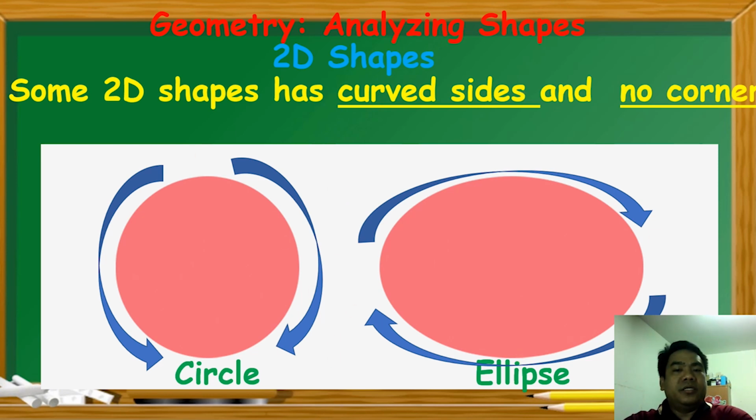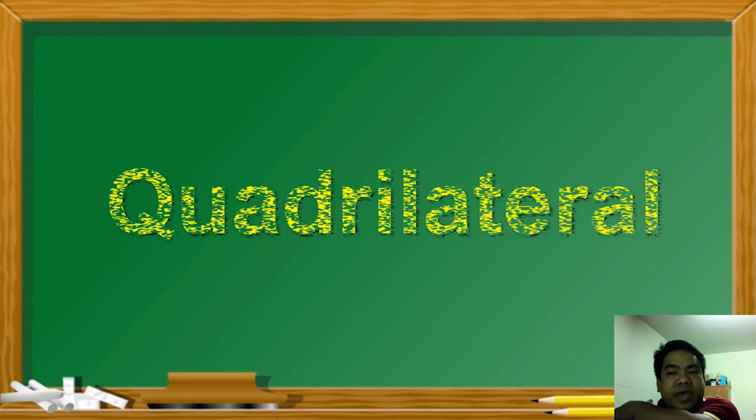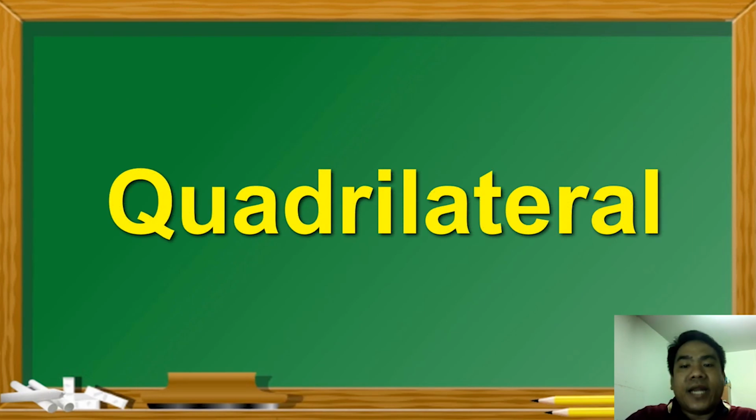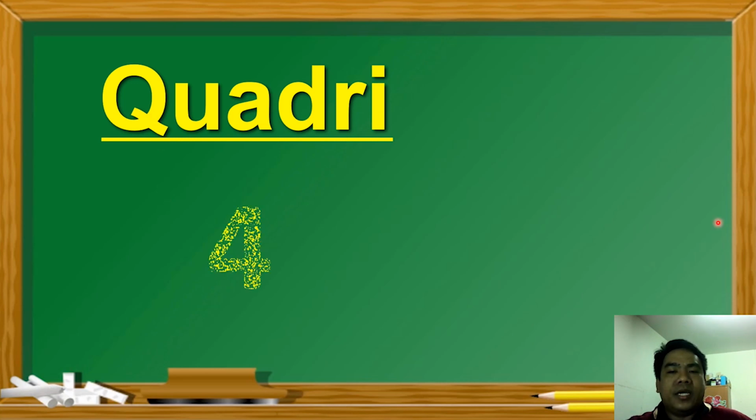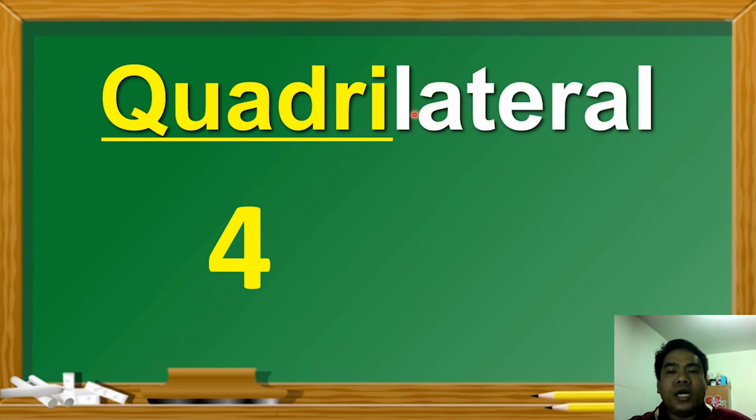Okay, next we have quadrilateral. Remember, what is a quadri? Quadri is 4.